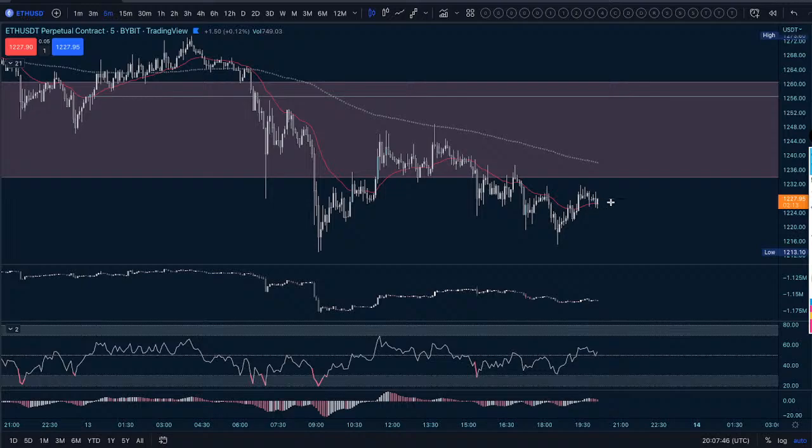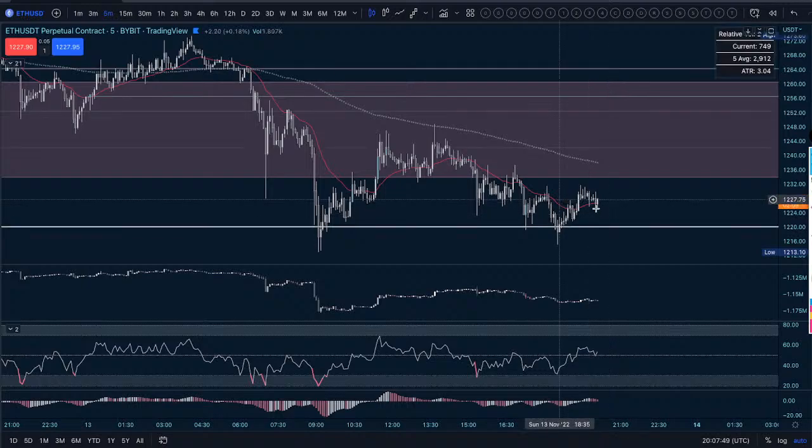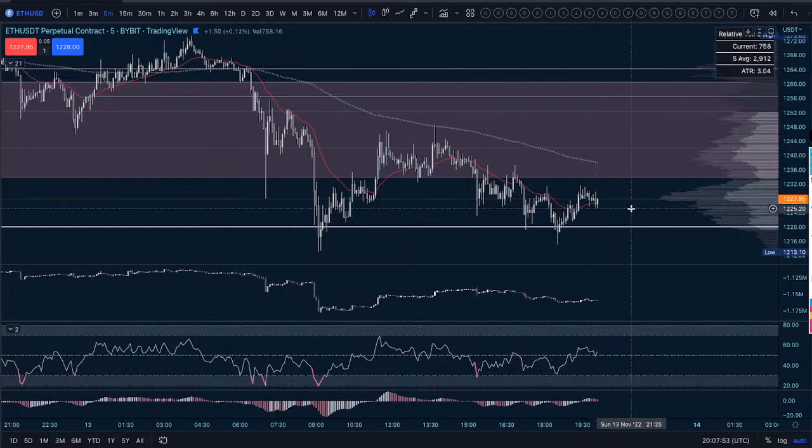This is kinda okay. 5 minutes is not so bad. 5 minutes is actually what it's done: it broke structure here and put in a high low. For example, we can just try this one also.